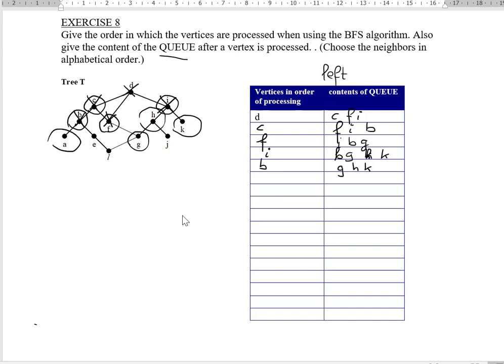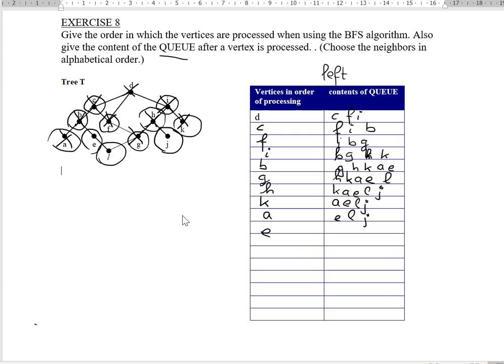That is A and E. Okay, G goes out, cross the G, and we need to add only L. So H, K, A, L. Okay, we take out H, cross it, and we add J. We take out K, nothing to add. We take out A, nothing to add.